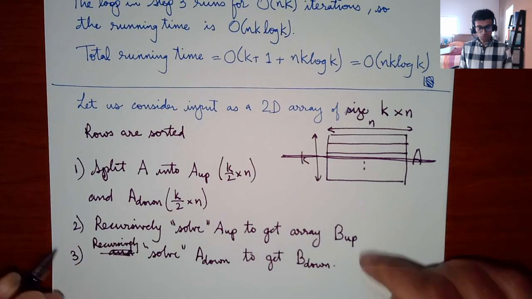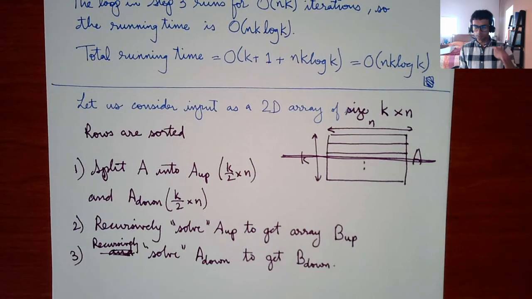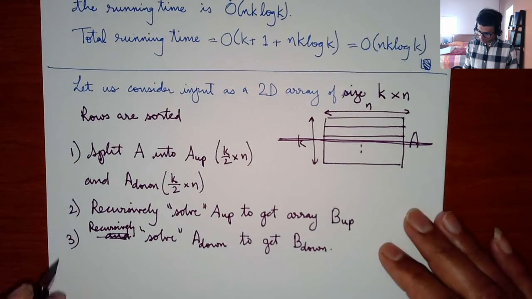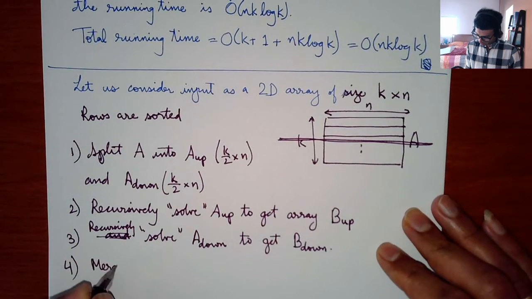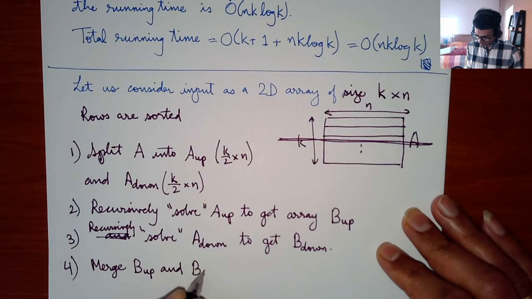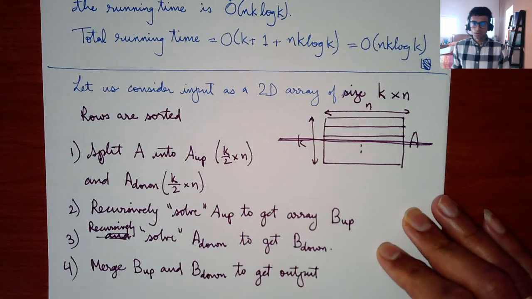So just use recursion: split it into two parts, each is a subproblem, recursively solve it. Then finally merge B up and B down to get the output.